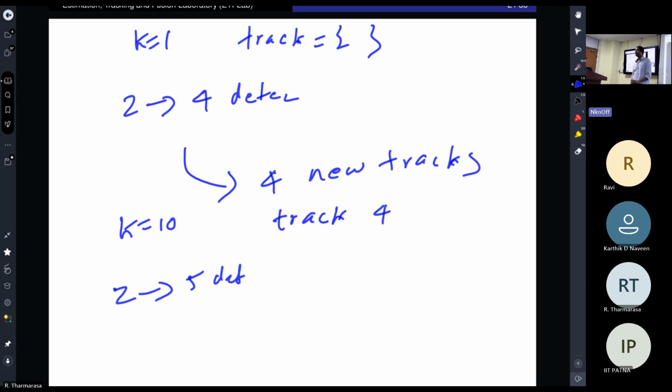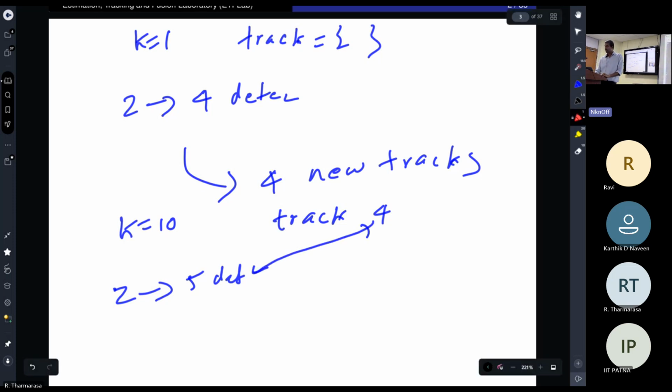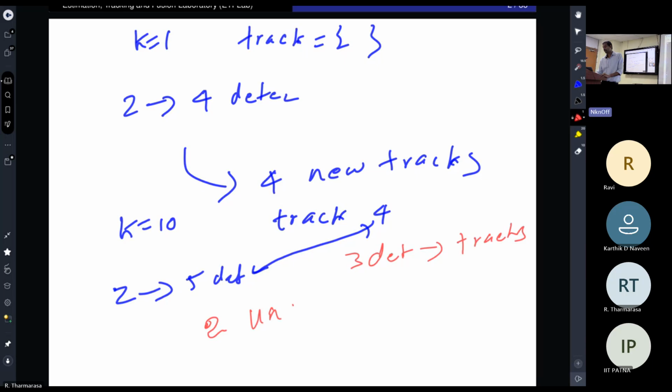What you are going to do is the association between track and detection, and say that 3 detections go with the tracks. Are you okay with that? So only 2 unassociated measurements.